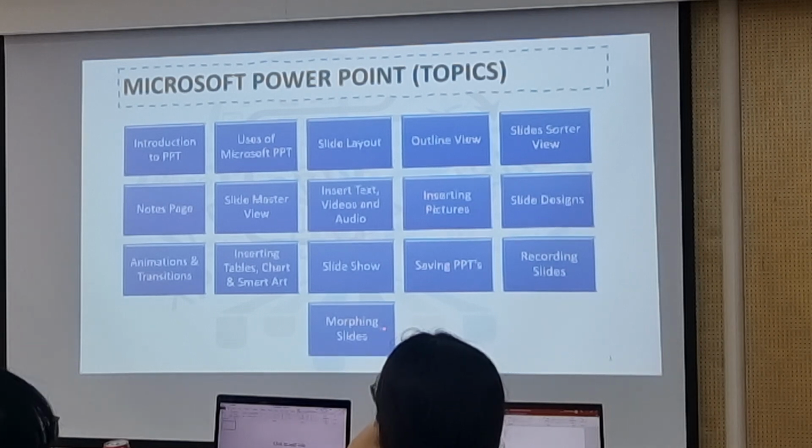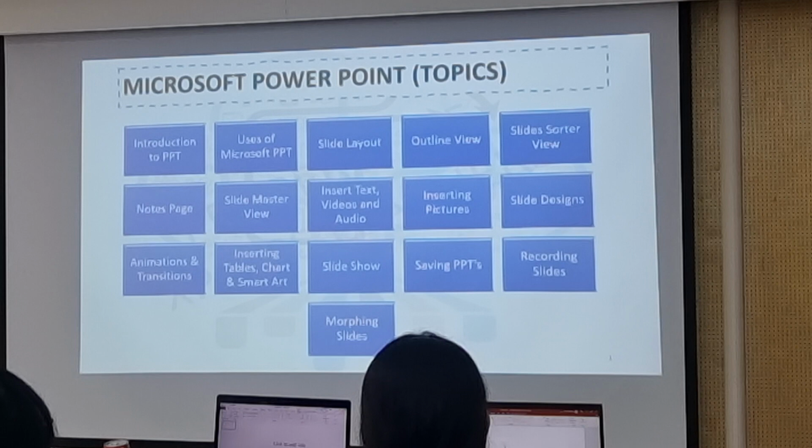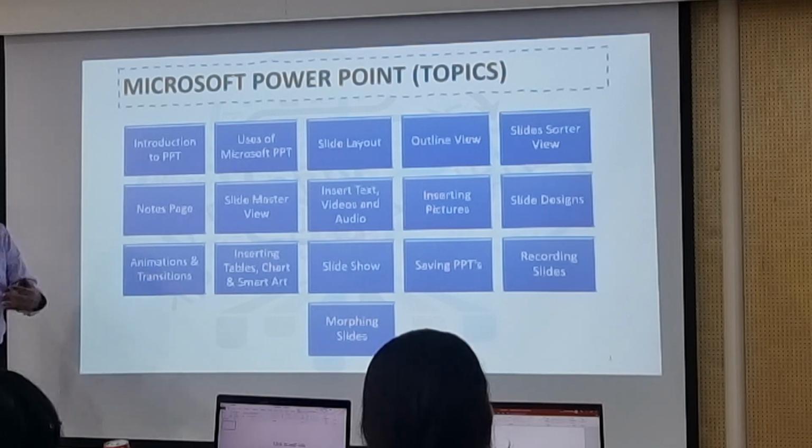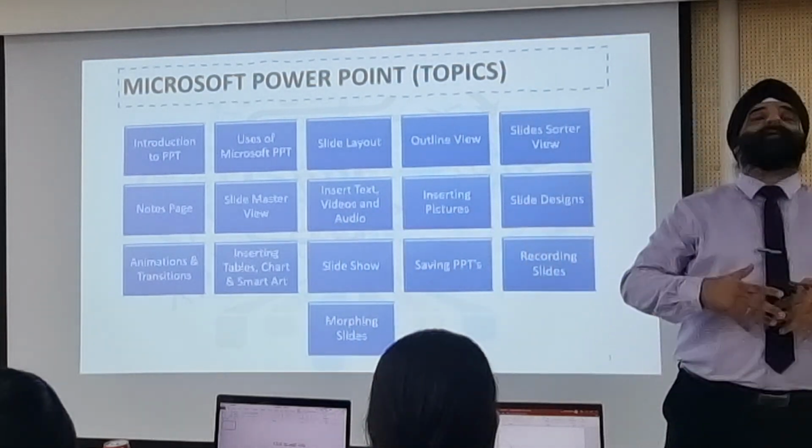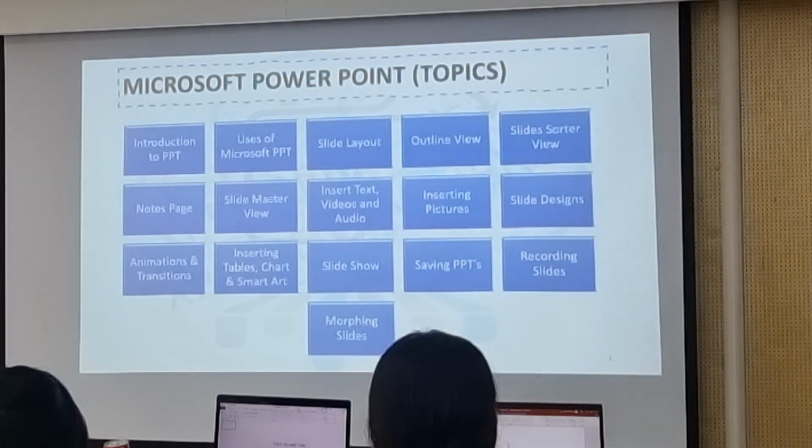Anybody wants to try and tell me what is morphing used for? What is the meaning of morph? Yes, blending together. Anything if you want to blend together, but in such a way that it really looks amazing. Right? So that is morphing.